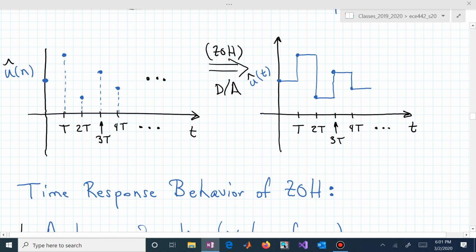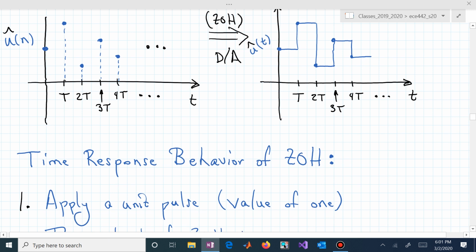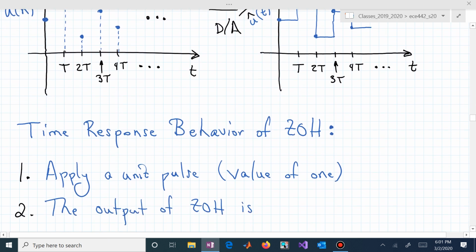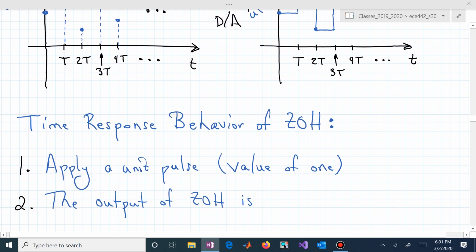It is deteriorating your ability to control the system a little bit. But we'll overlook that for now. What we want to do now is find the time response behavior of a zero order hold. Suppose we apply a unit pulse, a value of 1. I give you a 1. What's the output of the zero order hold?